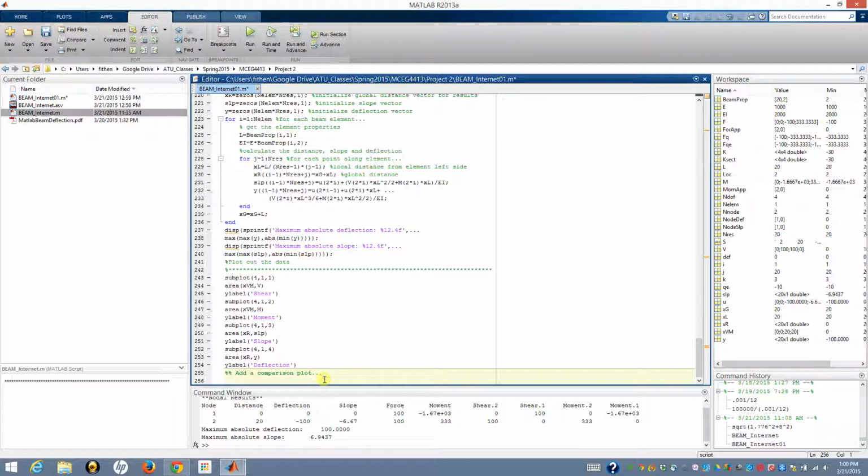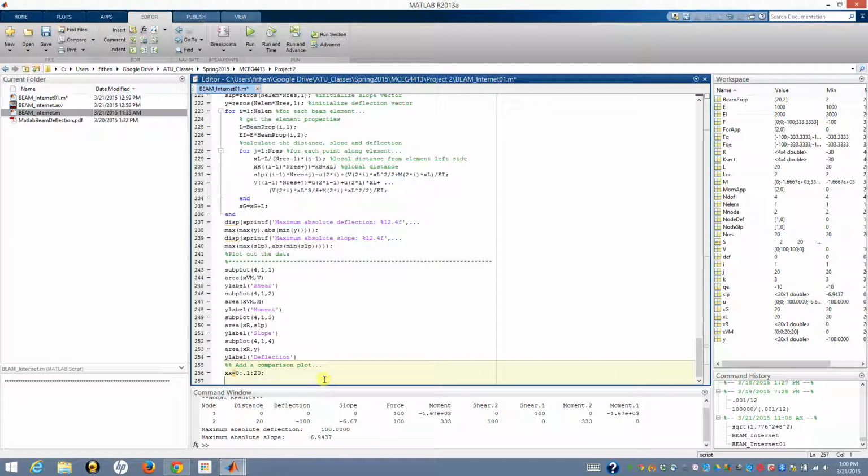And I may move it to another location later, but for right now, I'm going to say X is going to go from 0, in steps of say 0.1, all the way to 20, which is the length of this beam.